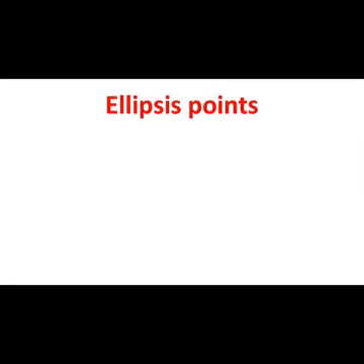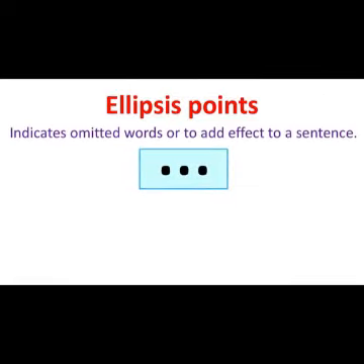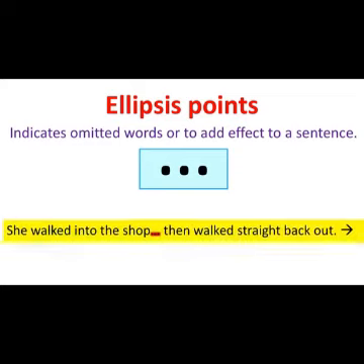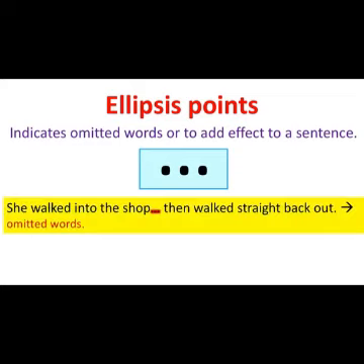Ellipsis points. Ellipsis points indicates omitted words or are used to add effect to a sentence. For example, she walked into the shop, then walked straight back out. This is an example of where words have been omitted.